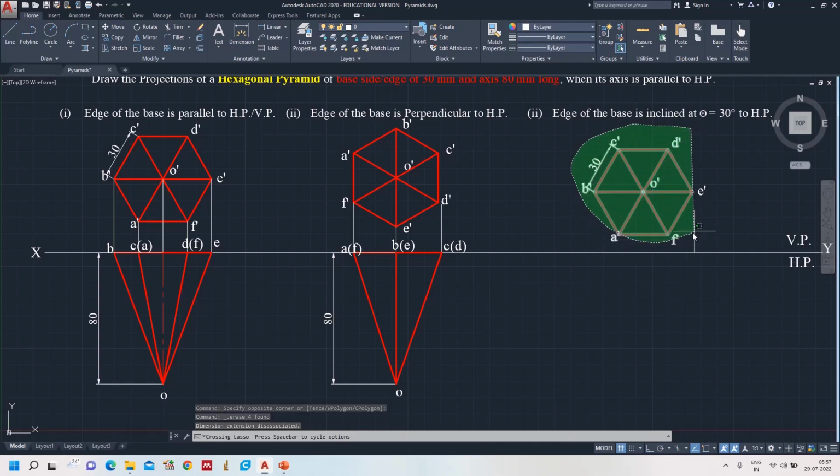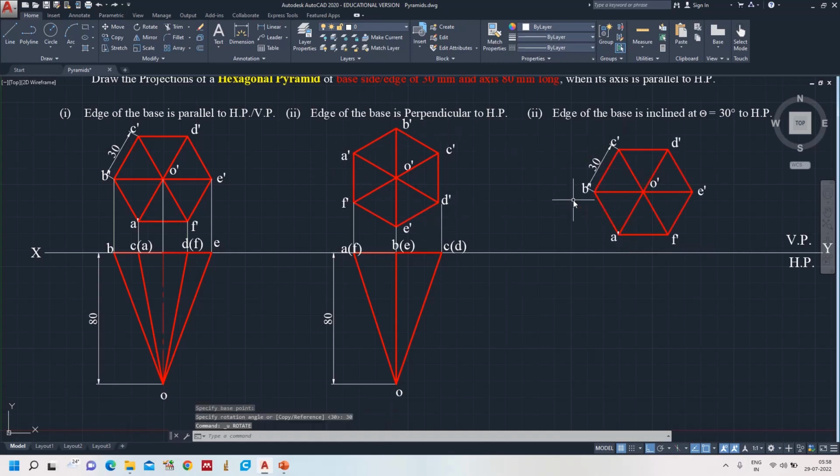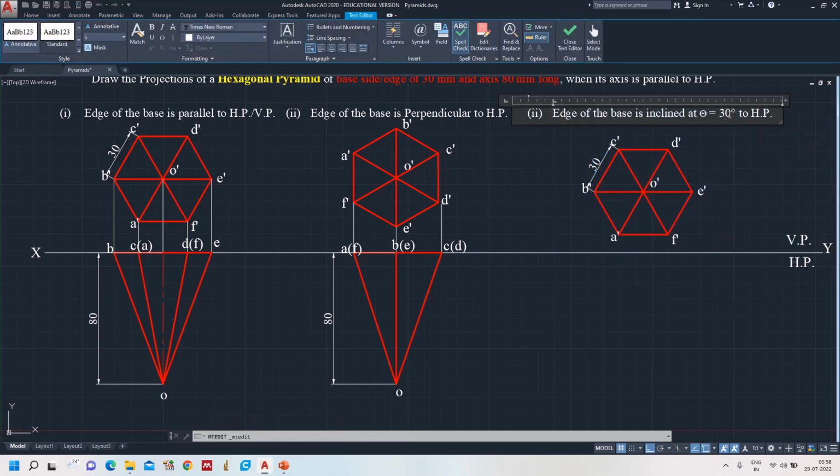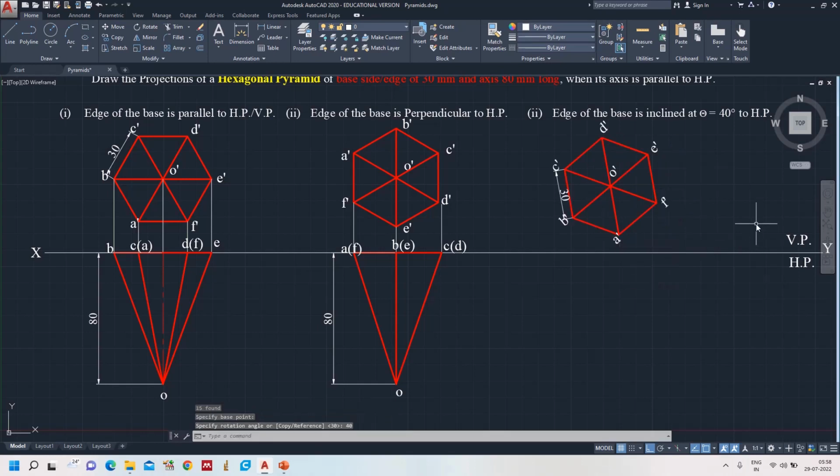So rotate this edge, I am rotating AF because it's very easy to do. 30 degrees. When I turn 30 degrees, again it turns like this. So now instead of this one, I'll take it as 40. Again I selected, rotate, base point, 40 degrees. See, it completely changes.